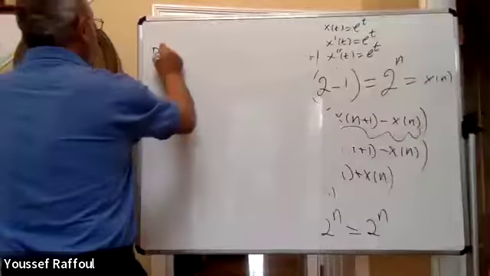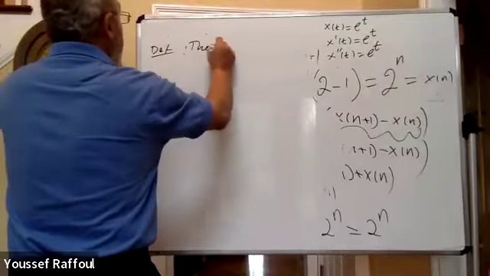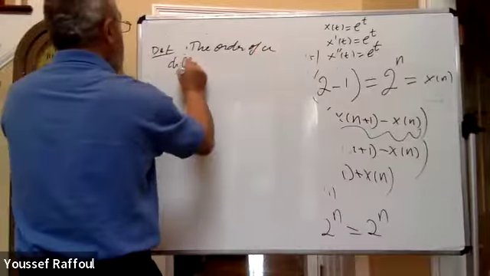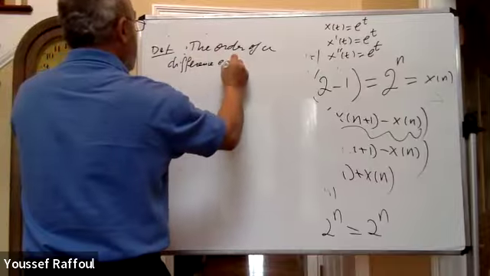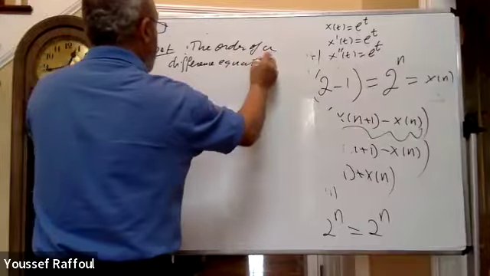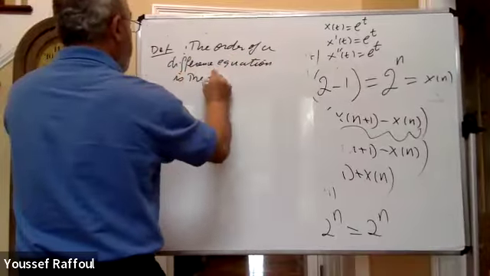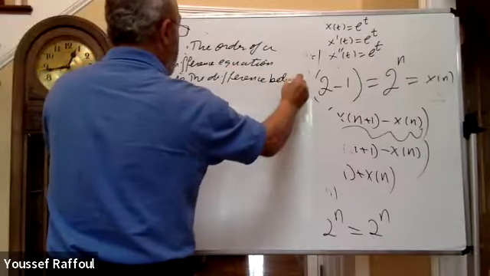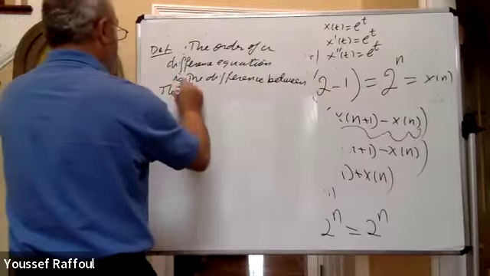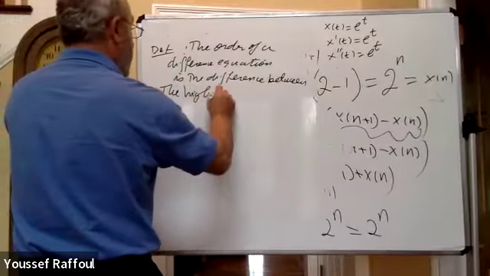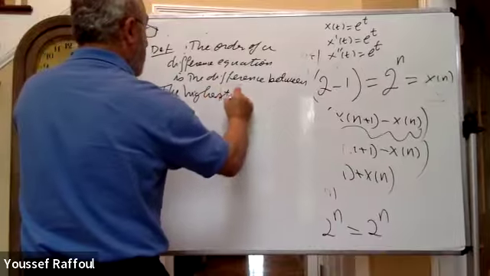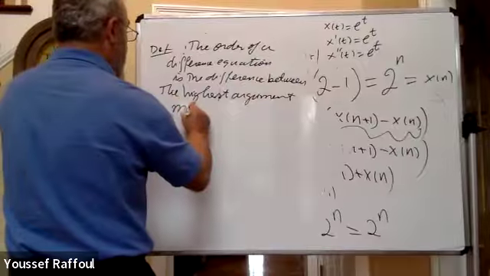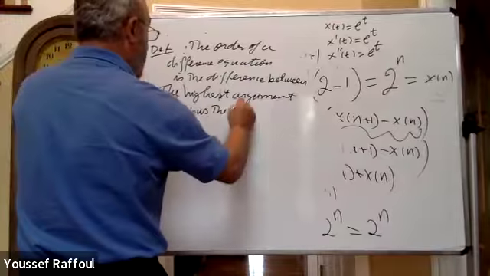Now, definition: the order of a difference equation is the difference between the highest argument minus the lowest argument.